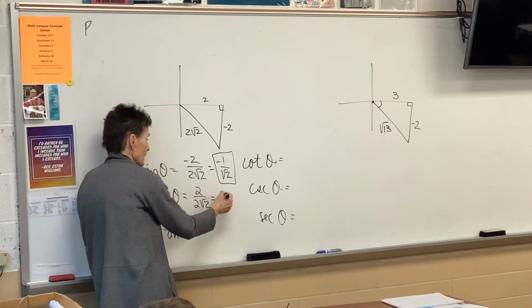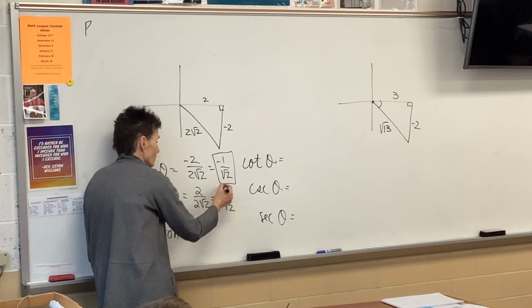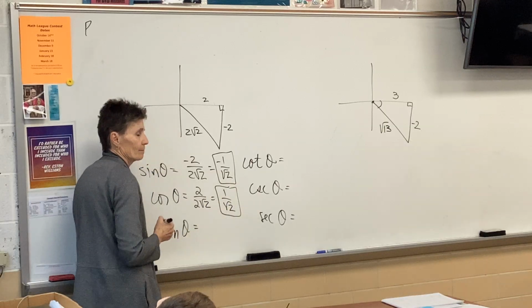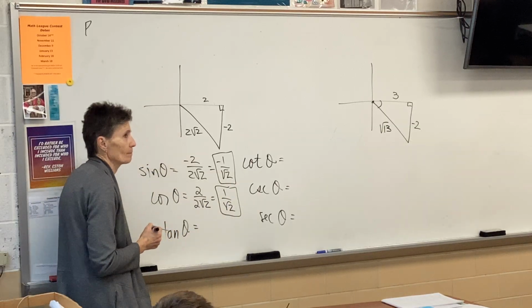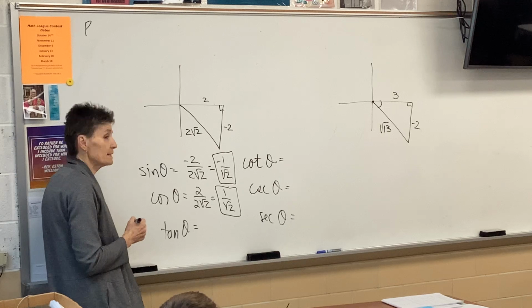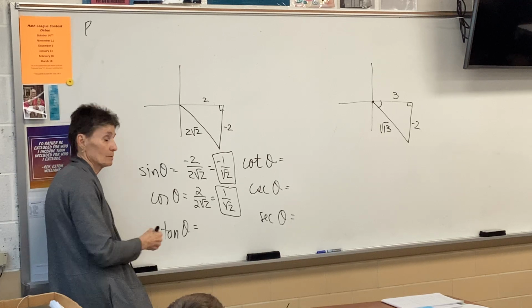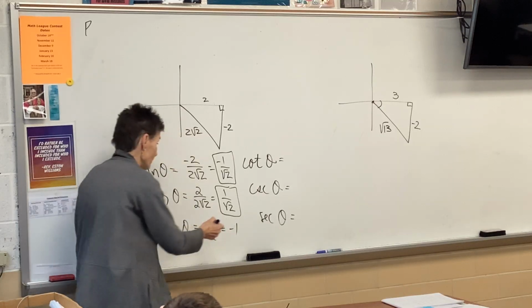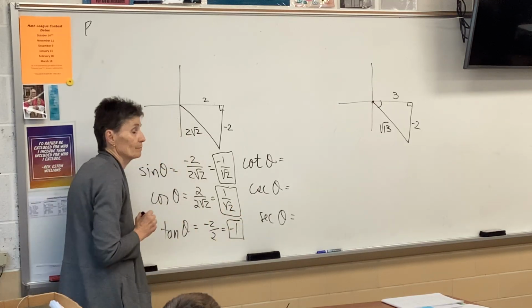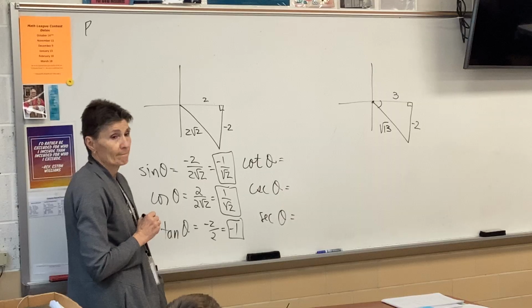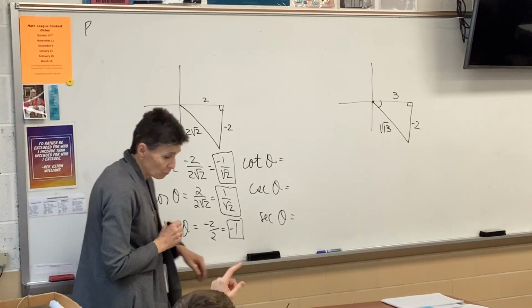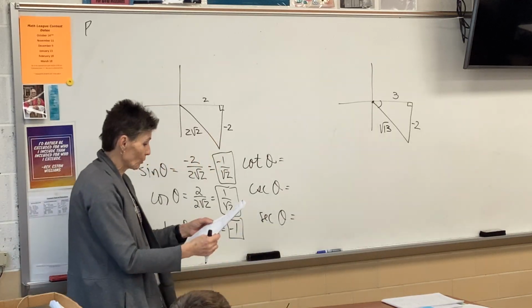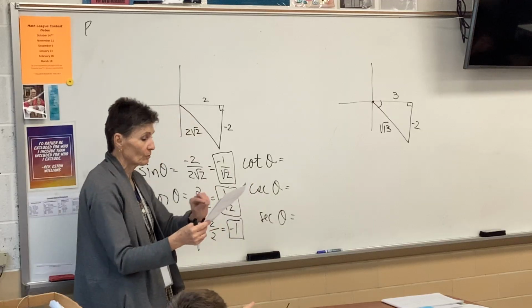Same thing, we'll cancel: 1 over root 2. Tangent, negative 2 over 2, which is just negative 1. Now make sure you got a little different order there than I have, so make sure you're getting the right things there.